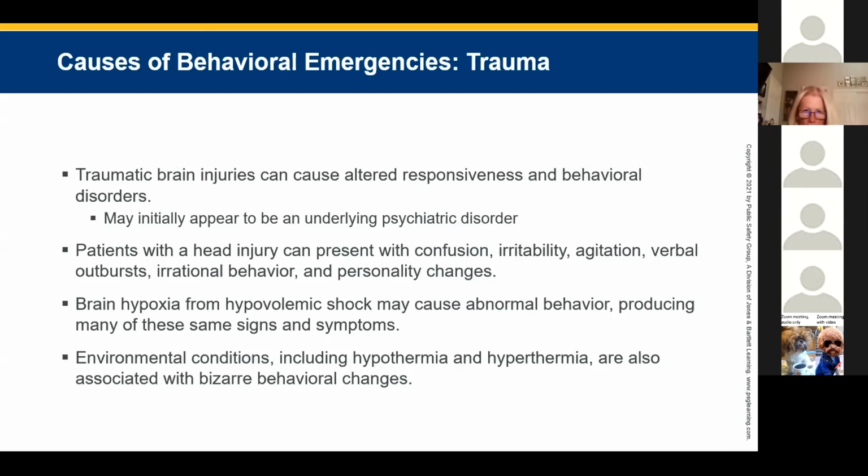Low. Low, exactly. Environmental conditions including hypothermia. What is the word hypothermia? Low body temperature. Right. Hyperthermia. High body temperature. Right. So do you think that this would change a person's behavior? Absolutely.